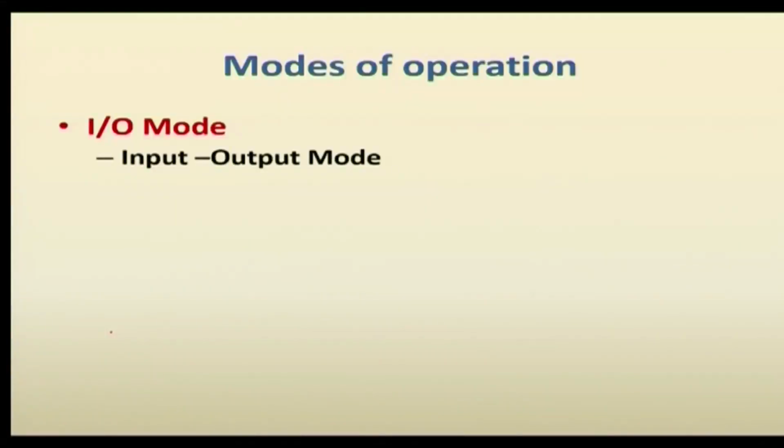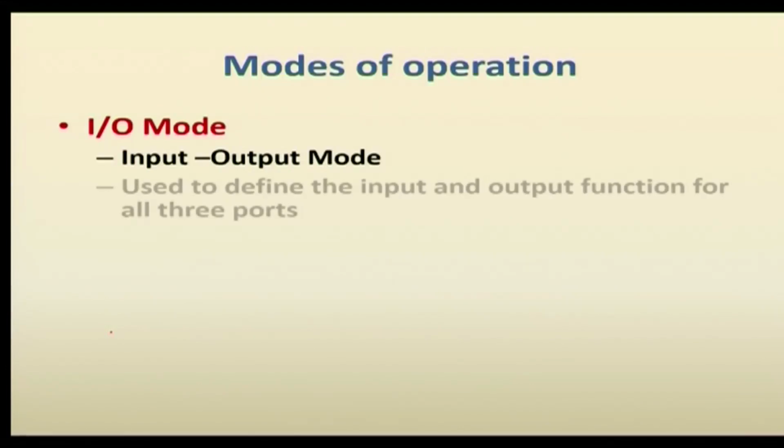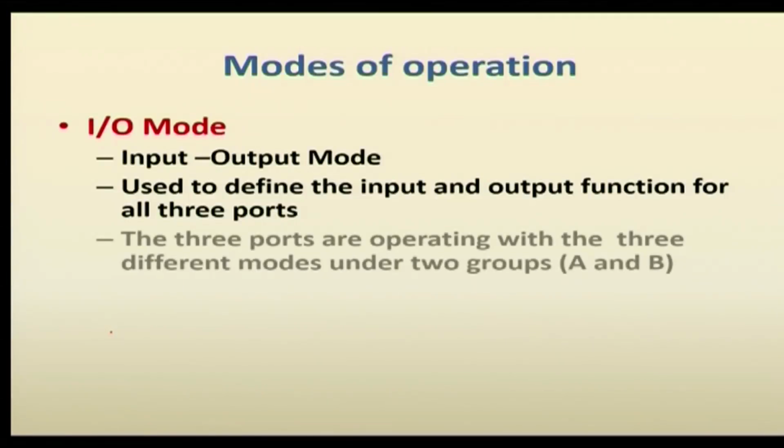The 8255 has 2 modes of operation, one is IO mode, another one is BSR mode. IO mode means input output mode, which is used to define the input and output function of the 3 ports, port A, port B, port C. When the bit position is 1 it represents input, when the bit position is 0 it represents output.